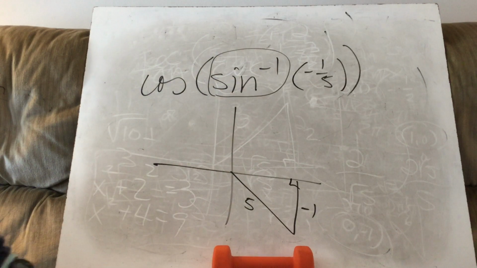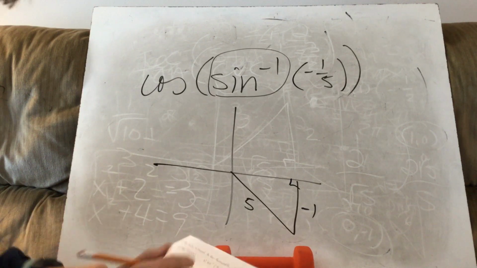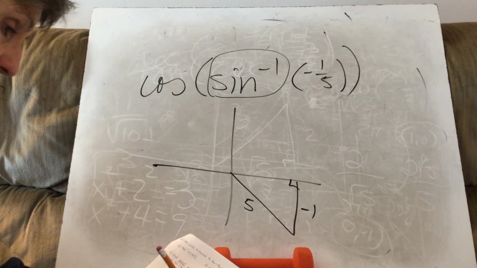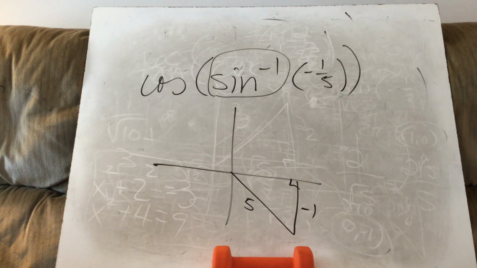So do your Pythagorean theorem, and tell me what you get for the missing side.